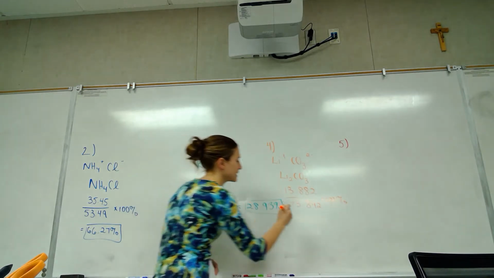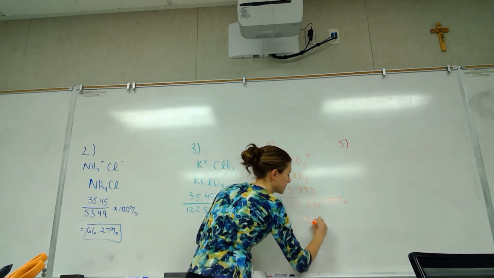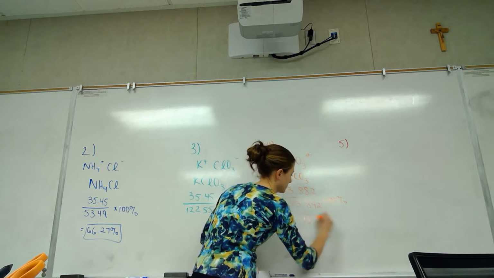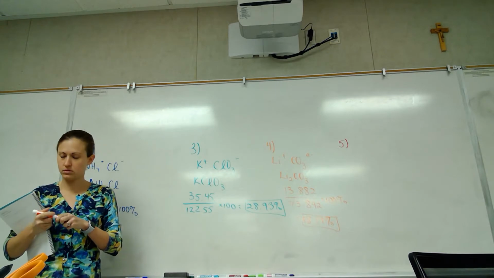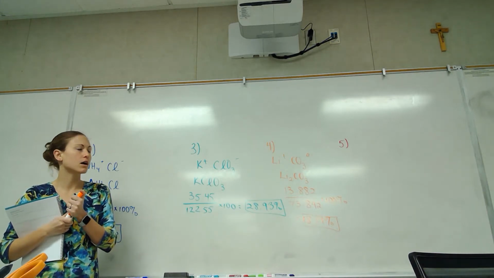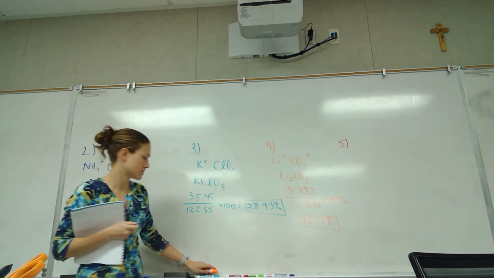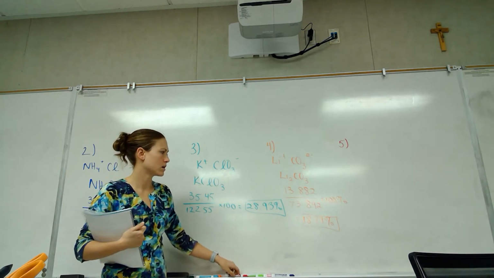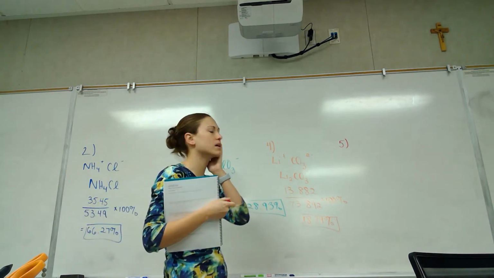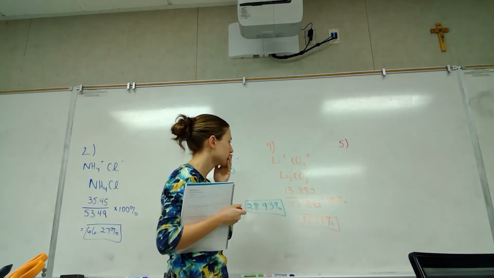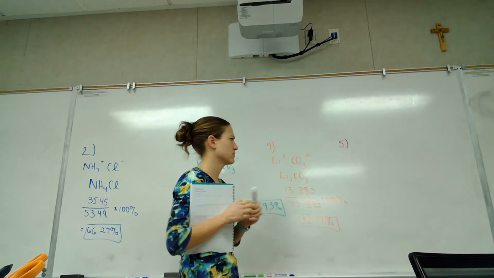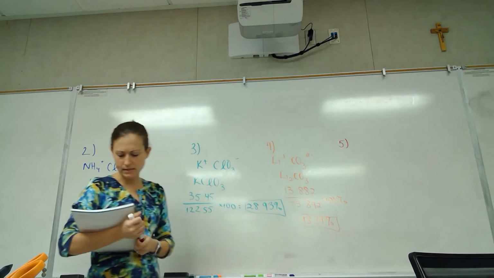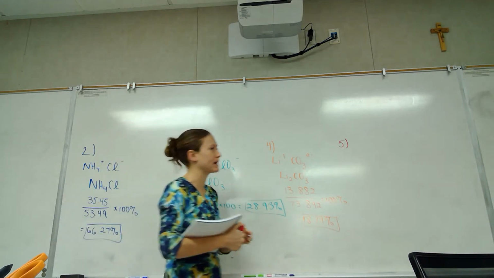So I got 18.79%. I think I rounded it wrong. Okay, so I got 18.78. That's fine.